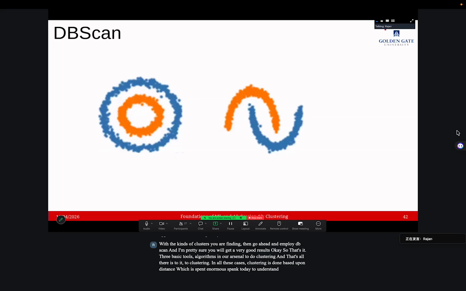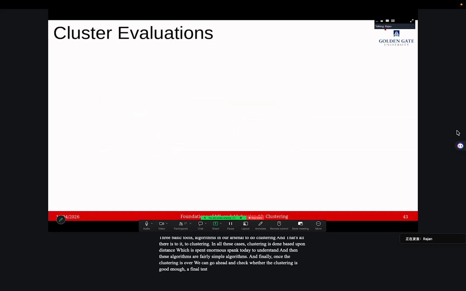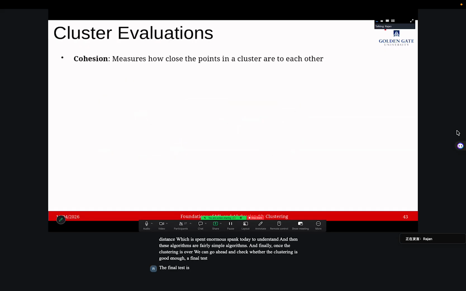And these algorithms are fairly simple. Finally, once the clustering is over, we can go ahead and check whether the clustering is good enough, a final test. The final test is done using the ideas of what are called cohesion and separateness.